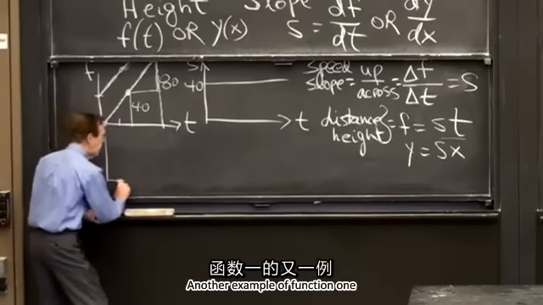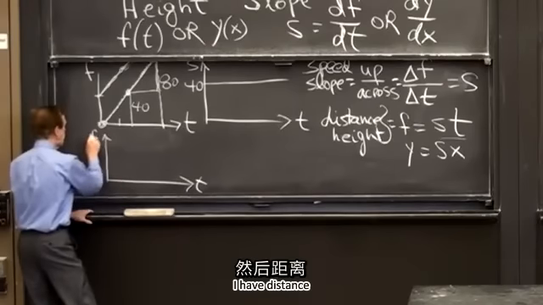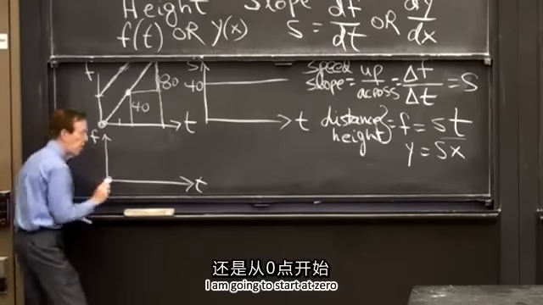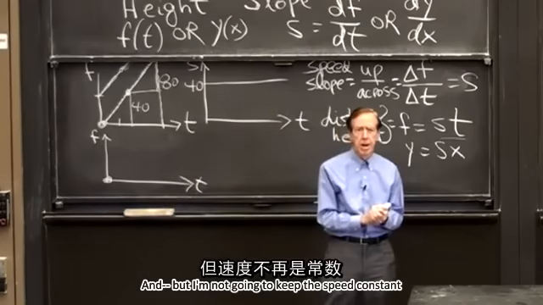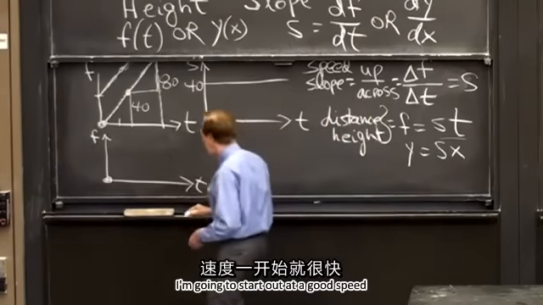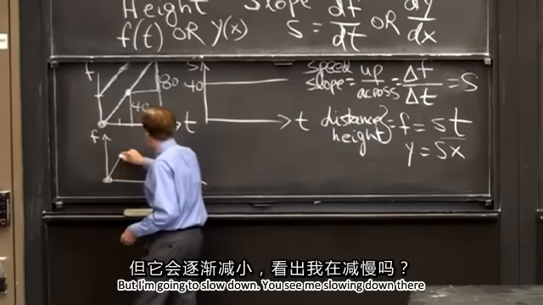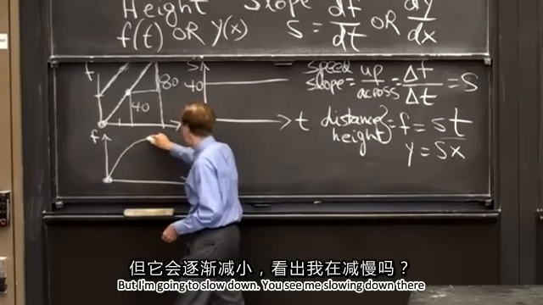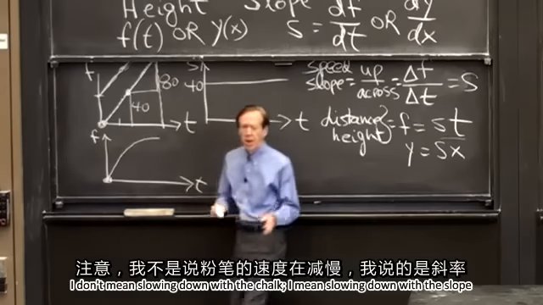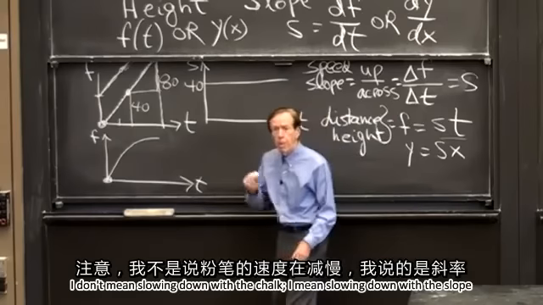Another example of function 1. So again, I have time, I have distance, I'm going to start at 0, but I'm not going to keep the speed constant. I'm going to start out at a good speed, but I'm going to slow down. Do you see me slowing down there? I don't mean slowing down with the chalk, I mean slowing down with slope.